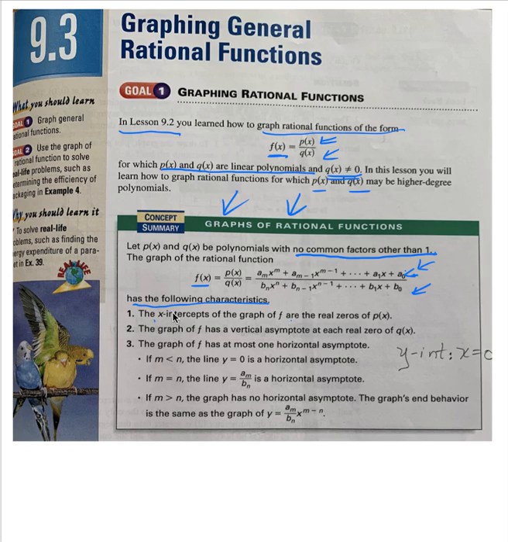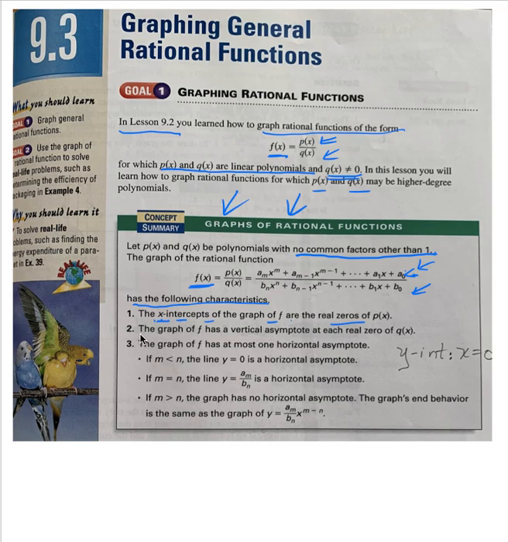And where f of x equals 0, those are my x-intercepts. So if you can find the zeros of the numerator, those zeros will in fact be the x-intercepts of the graph. Okay, so that's where you're crossing the x-axis.